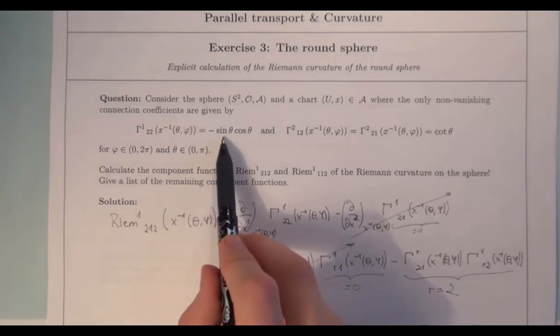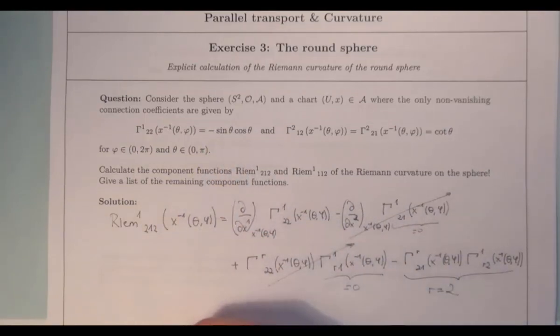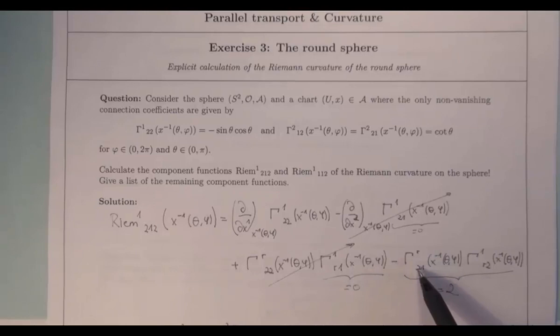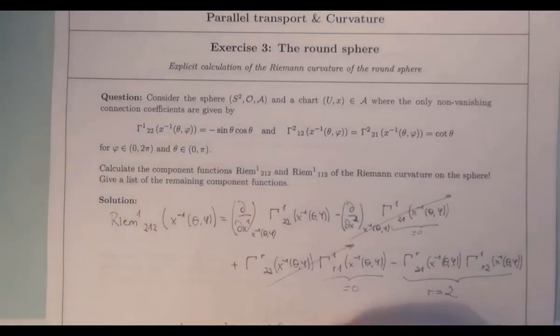So this is minus cosine squared theta plus sine squared theta, and from here we get a minus gamma 2, 2, 1 is the cotangent theta, and gamma 1, 2, 2 is minus, that gets a plus here, sine theta cosine theta.